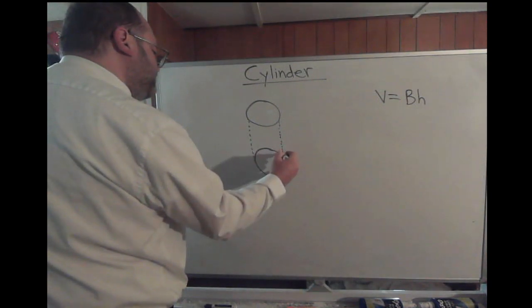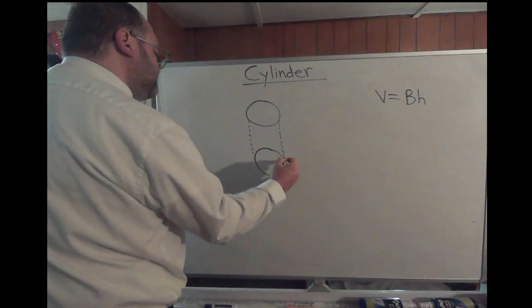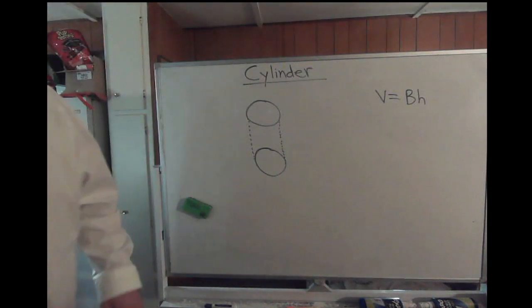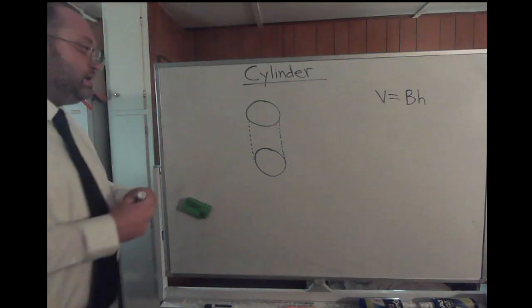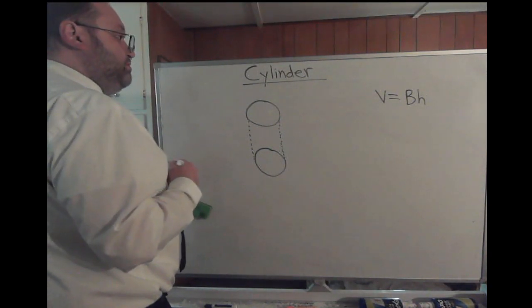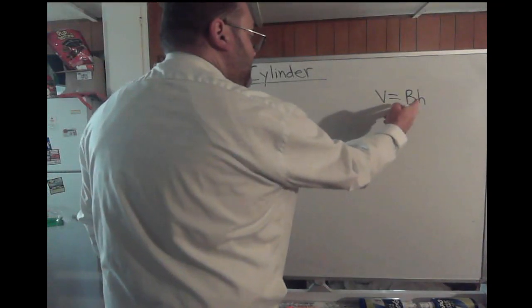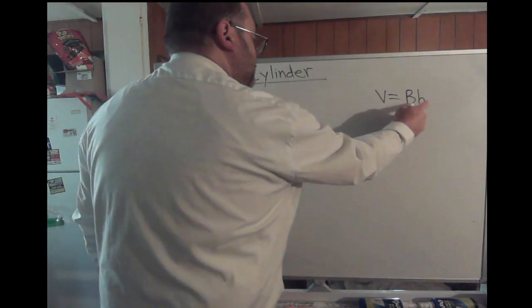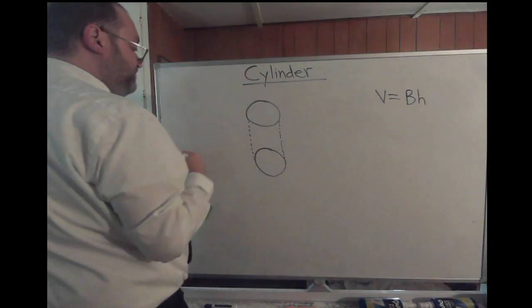So it's like a prism in a way, only both bases are circles. So what you have here then is still, to find the volume, you find the area of a base times the height of the prism.